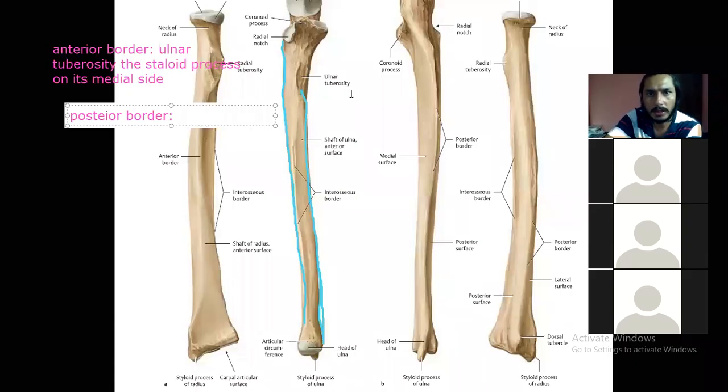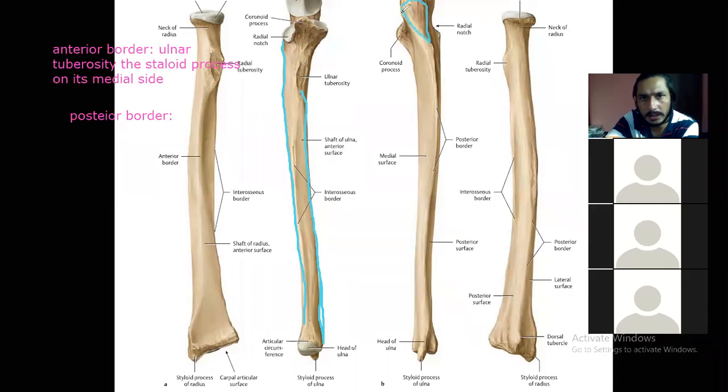Now let me draw here. You can see the triangular surface of the olecranon process, the posterior surface. Now this posterior border begins from the apex of this triangular surface. Let me draw it with a different color.